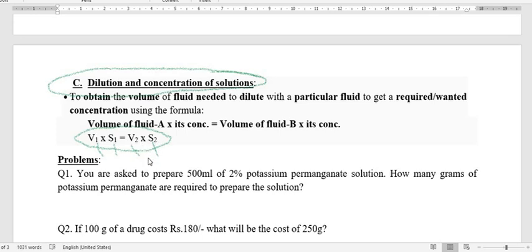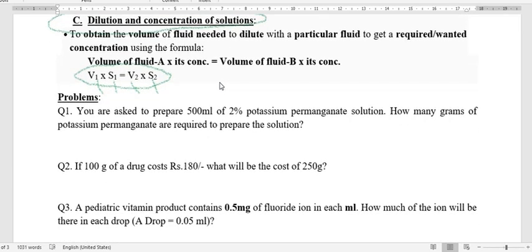By this we can calculate anything if one value is unknown. So this gives you the dilution and the concentration of solution. It is better to directly shift to the questions and answers.